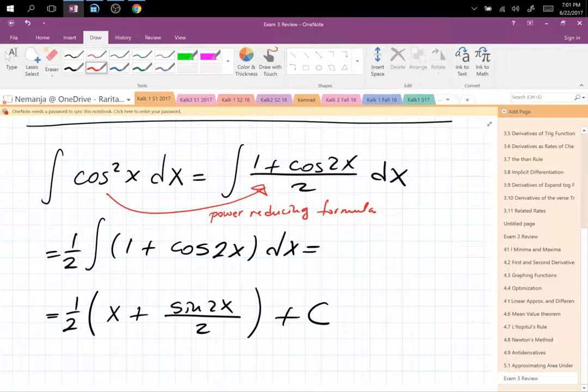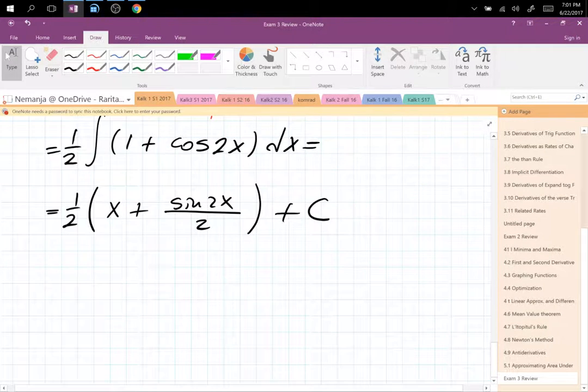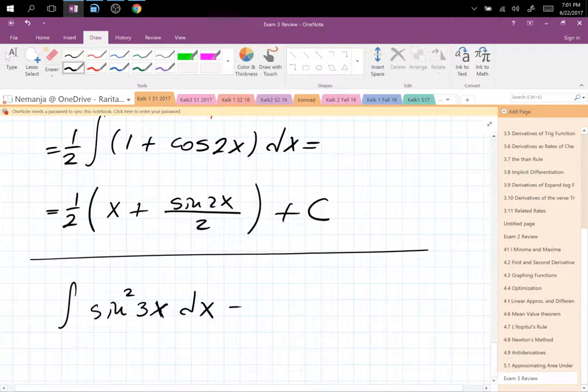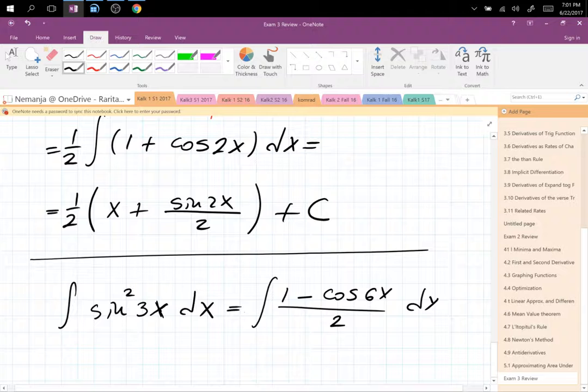Now, how about the evil problem, let's say you have the integral of sine squared of 3x dx. See, this 3 will get doubled when you use the power reducing formula. So you have the integral, there is 1 minus, because it's sine, you have a cosine of 6x over 2 dx.